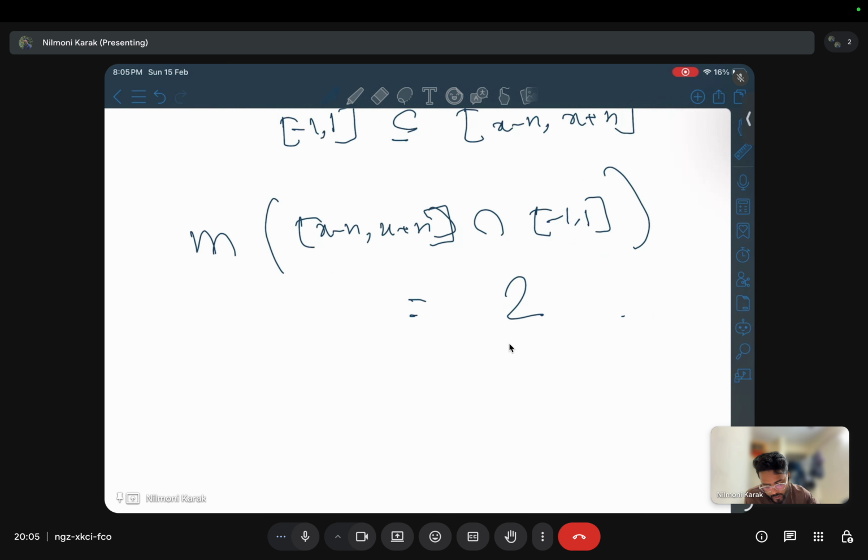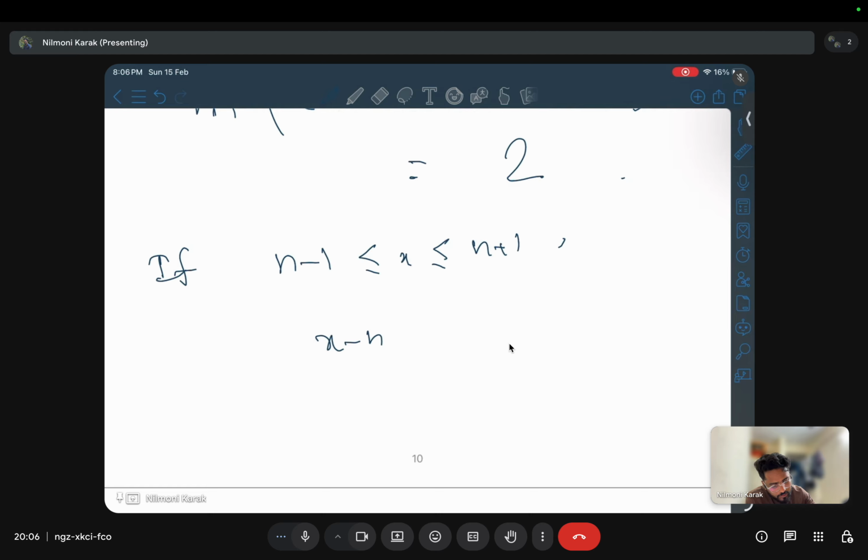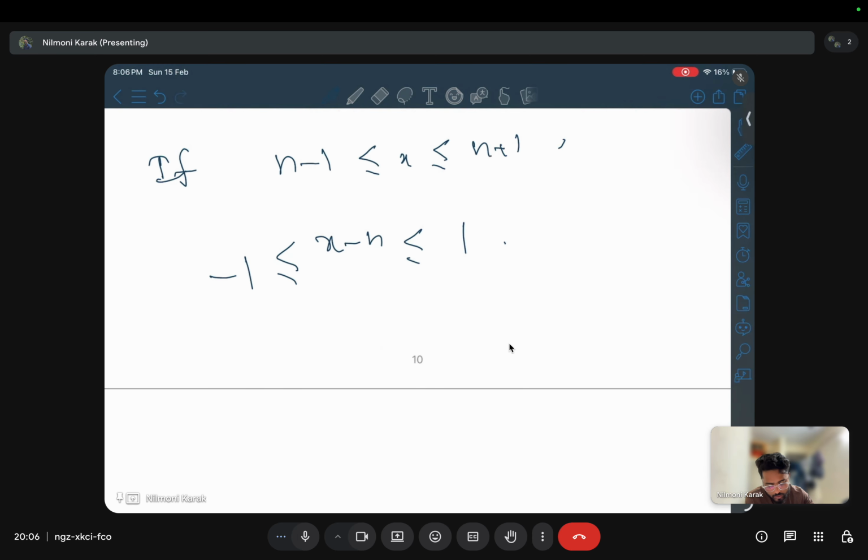And now if n minus 1 less than or equal to x less than or equal to n plus 1, then x minus n is greater than minus 1 and less than or equal to 1.